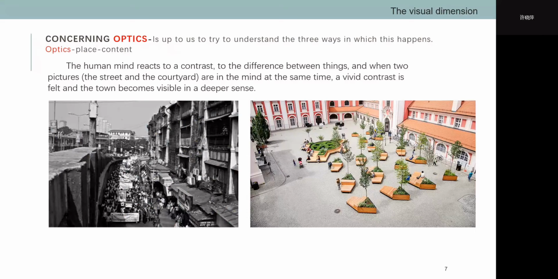It's up to us to try to understand the three ways in which this happens: opportunities, place, contents. Humans react to contrast between two different things, and when two pictures, the street and the courtyard, are in the mind at the same time, a vivid contrast is left, and the tone becomes visible in deeper things.